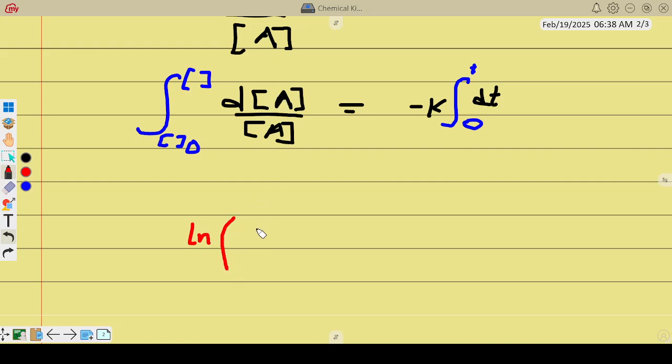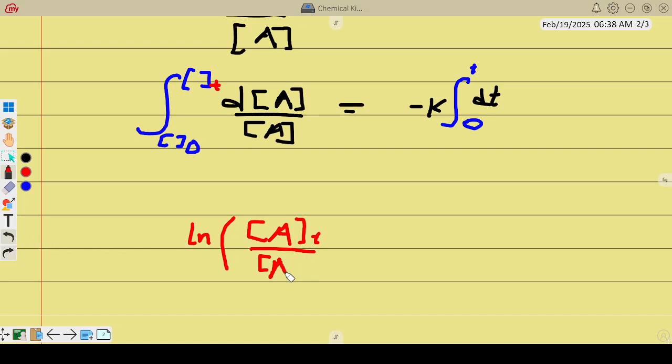We're going to have ln of the concentration. This is the final concentration at a particular time, so this is initial all the way up to final. So we're going to have the concentration at a particular time over the initial concentration where we're starting from.